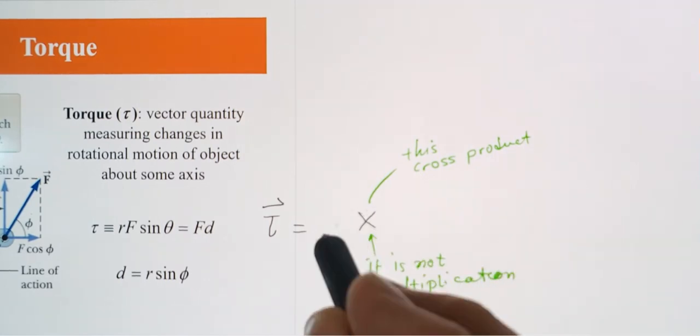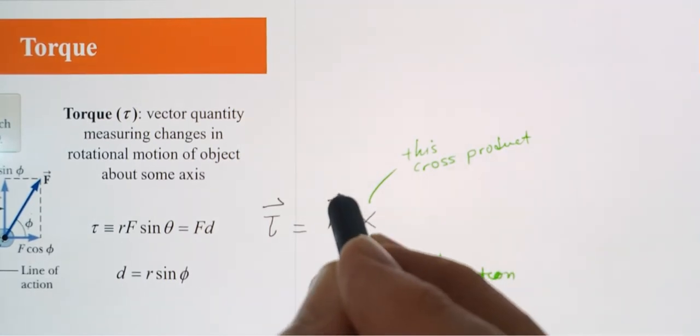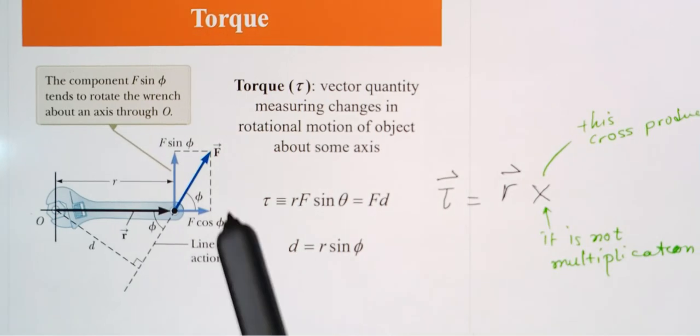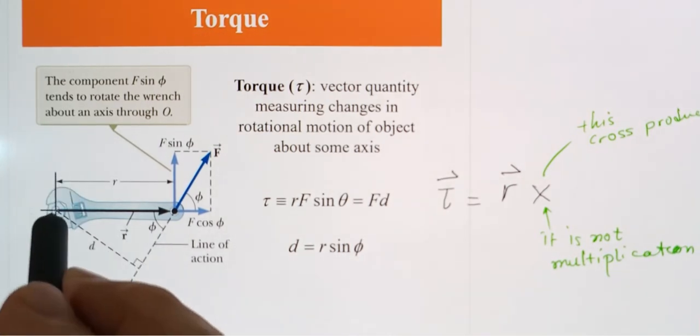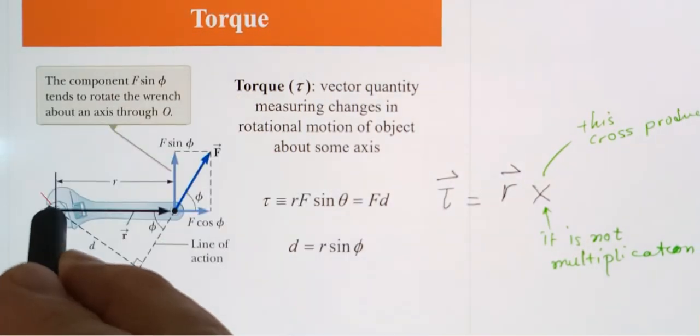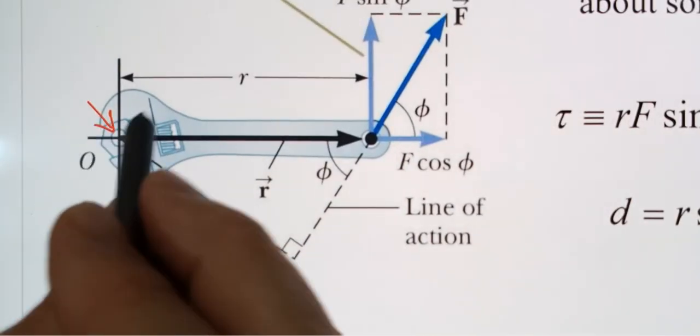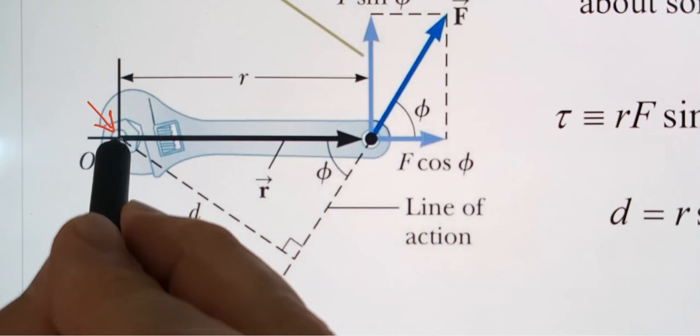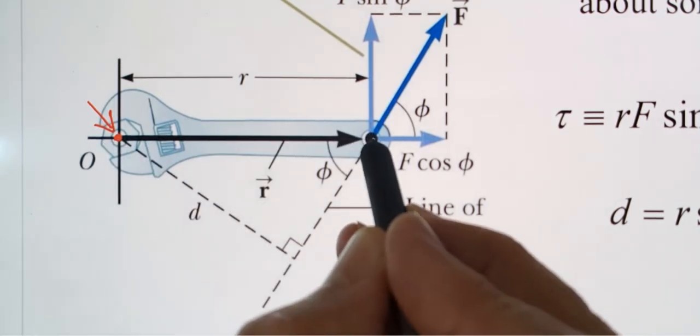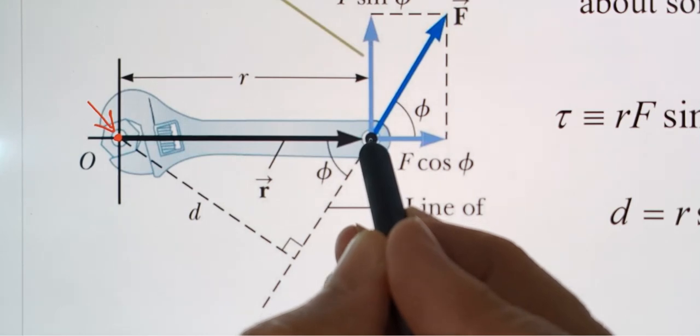and the force. What is the vector R? Well, here is our axis of motion, and R is the vector between the axis of motion and the point where we apply force.